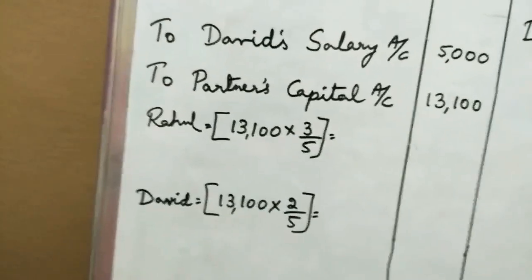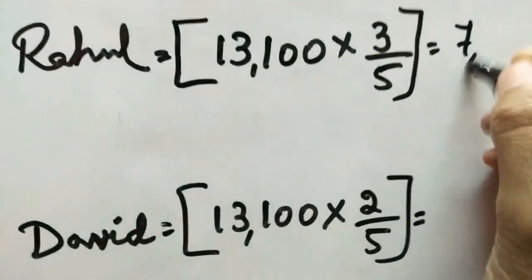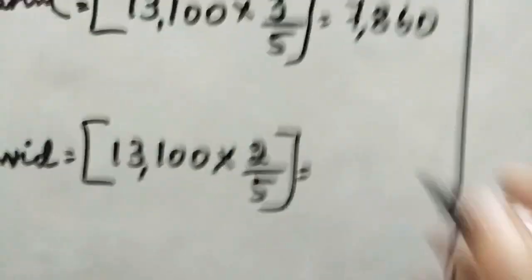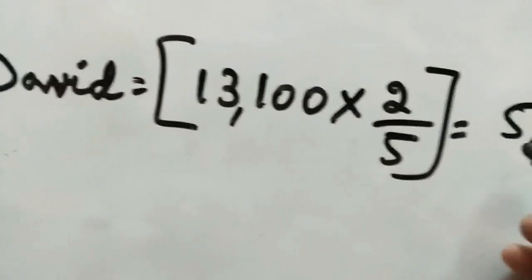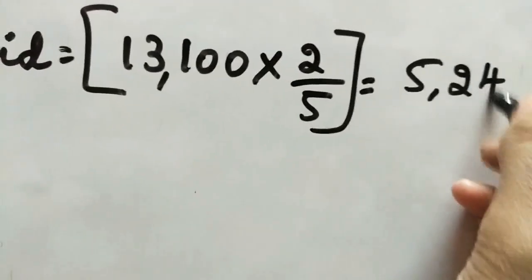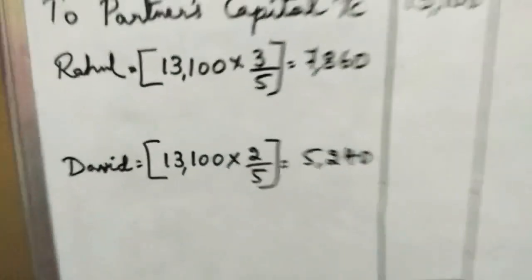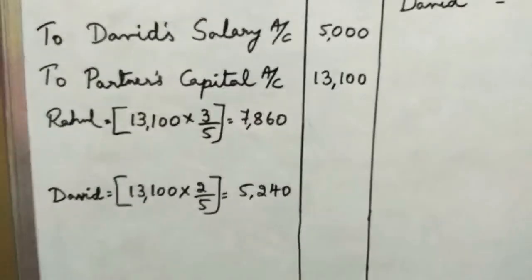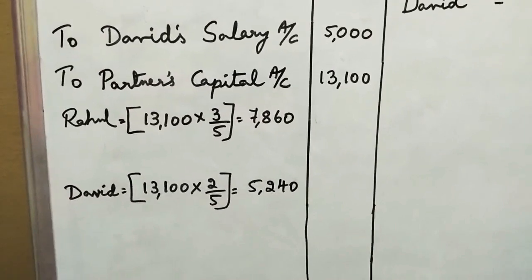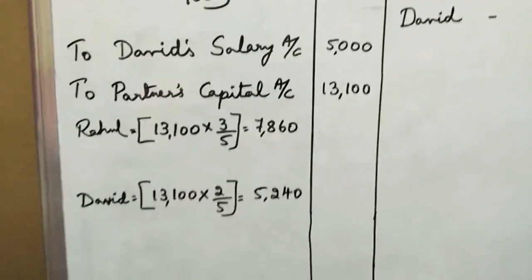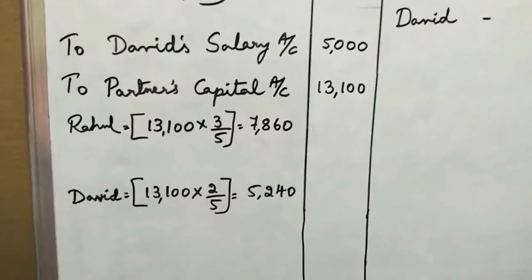I get 7,860 for Rahul and 5,240 for David. I just want you to calculate and check whether you got the same answer. And this is the actual net profit transferred, so I'm just going to write it in the bracket.